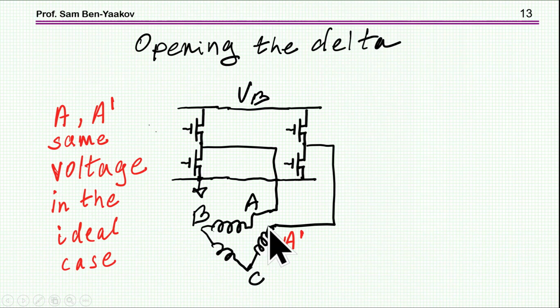Now, ideally, of course, if everything is fine, no problem, then A and A prime would be exactly the same because it's the same point. If, however, I connect them, then due to some asymmetry, some differences between the phases, we might have a problem with this circulating current, and then some other issues that I'm not going into.